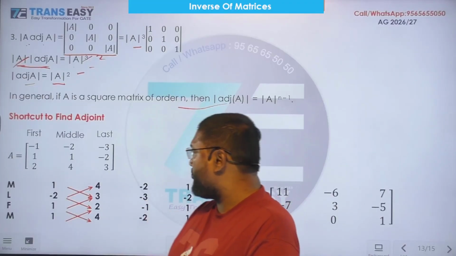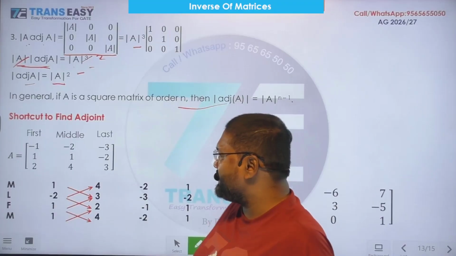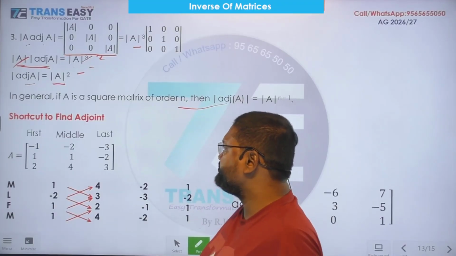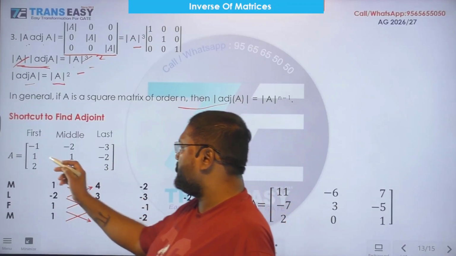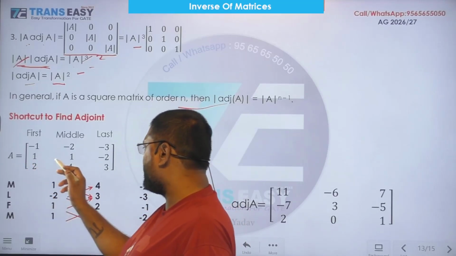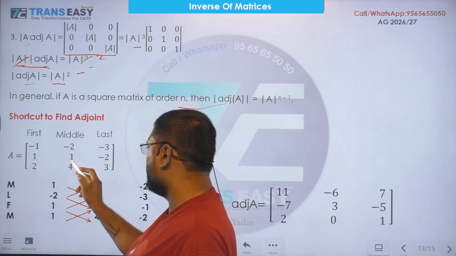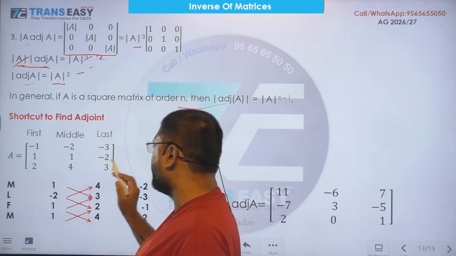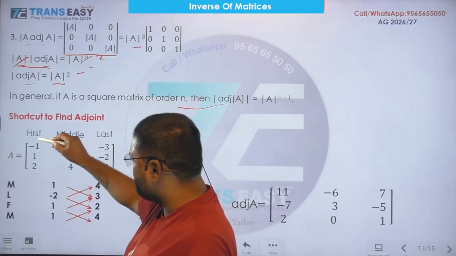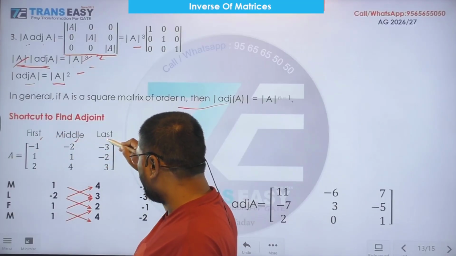So here we have a shortcut to find adjoint directly. Here we have matrix A, a square matrix, of order 3 by 3: minus 1, 1, 2, minus 2, 1, 4, minus 3, minus 2, 3. So this is first column, middle column, and last column.